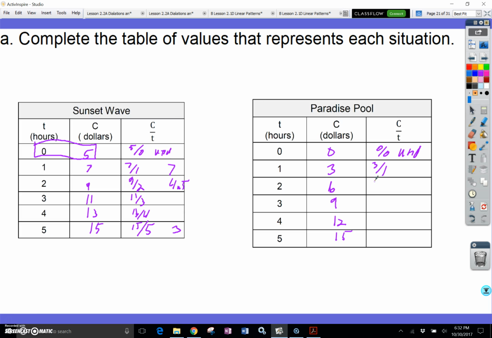We have 3 over 1, 6 over 2, 9 over 3, 12 over 4, and 15 over 5. All these would reduce to 3. And since all these values are equivalent, I would have a constant of proportionality. Since it has a constant of proportionality, Paradise Pool has a proportional relationship.